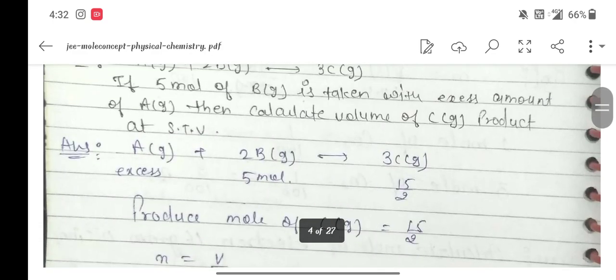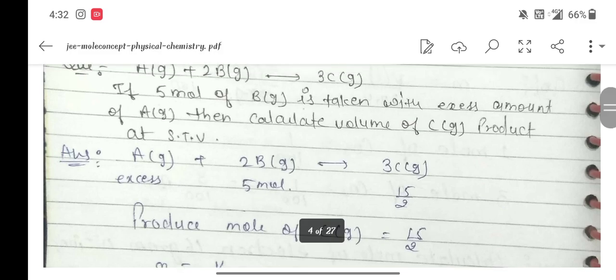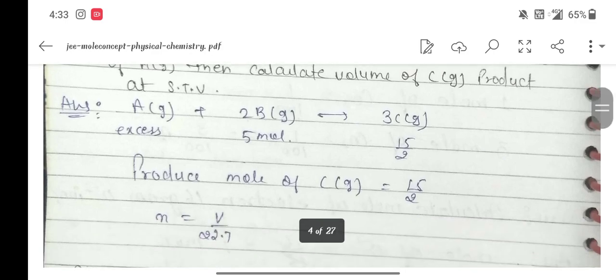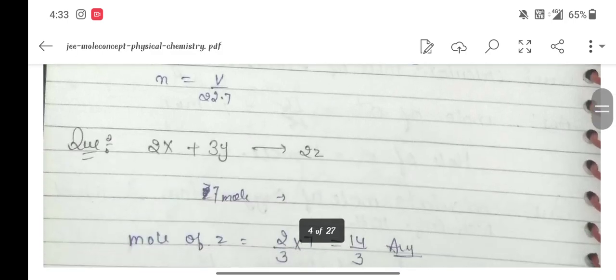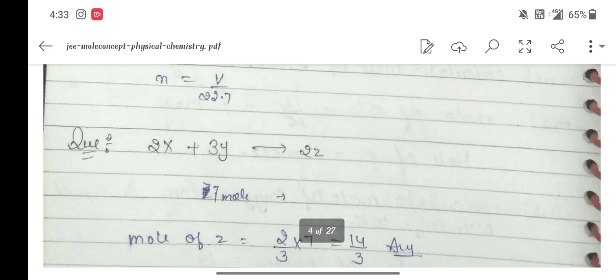So A is given as excess, and for 2B the 5 moles of B we have to take, that gives C, whose volume you have to find out. So if you multiply 3 into 5, it becomes 15, divided by 2. So the produced mole of C is 15 by 2. If we take n is equal to V by 22.4, the formula we got in the starting, then we can put that value.